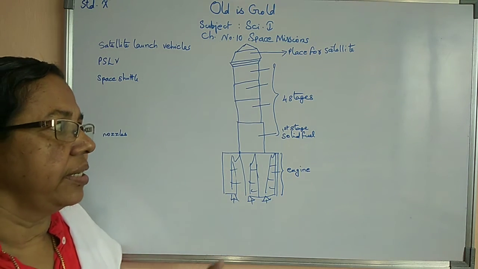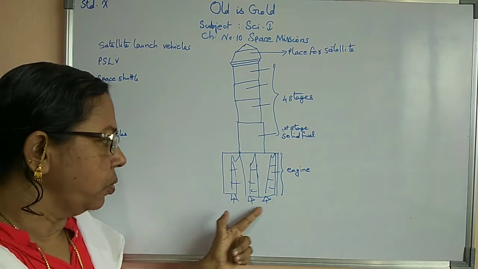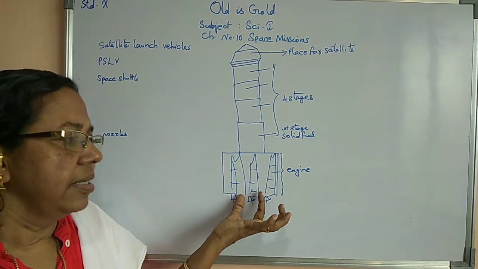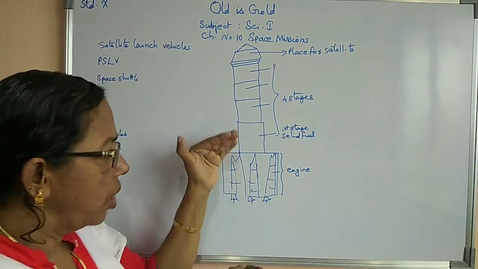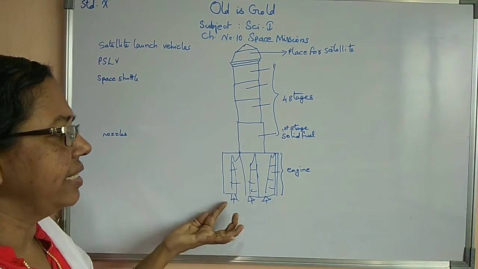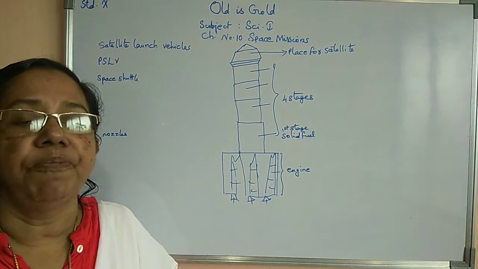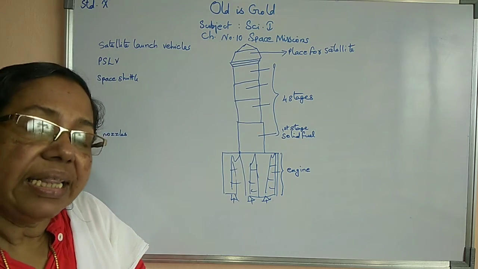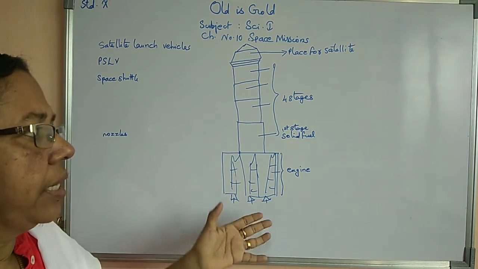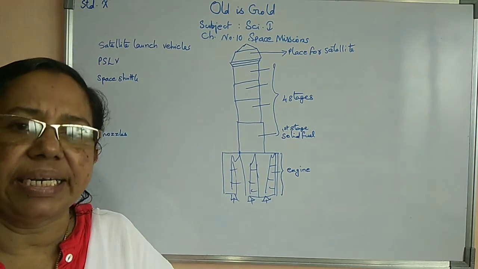As a result, large quantities of smoke come out through the nozzles which are made at the rear end. Rear end means the opposite end, or the bottom part. There are many holes there. Through those holes large quantities of smoke come out. That will push the launching vehicle in the upward direction.